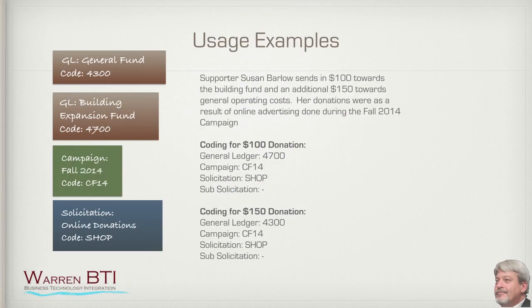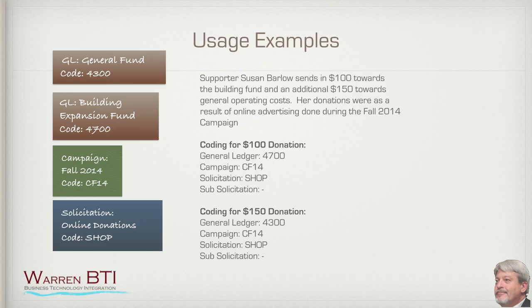Supporter Susan Barlow sends in $100 towards the building fund and an additional $150 towards general operating costs. Her donations were as a result of online advertising done during the fall 2014 campaign. So the $100 donation has gone to the General Ledger Code 4700 for the Building Expansion Fund.